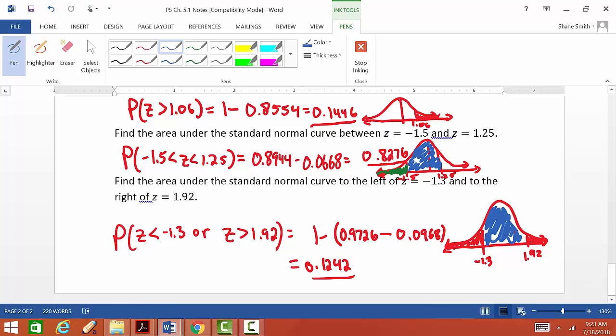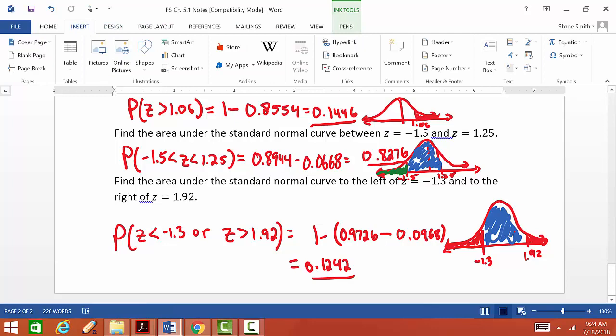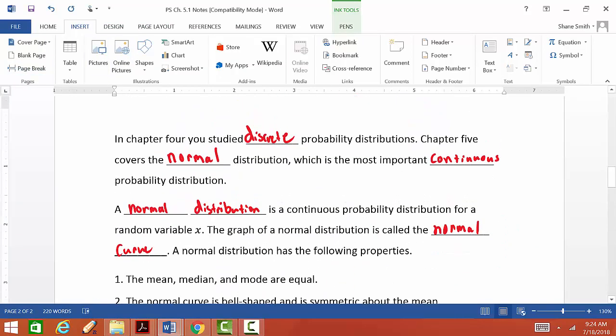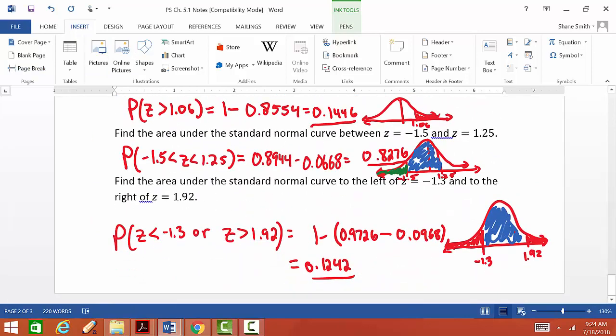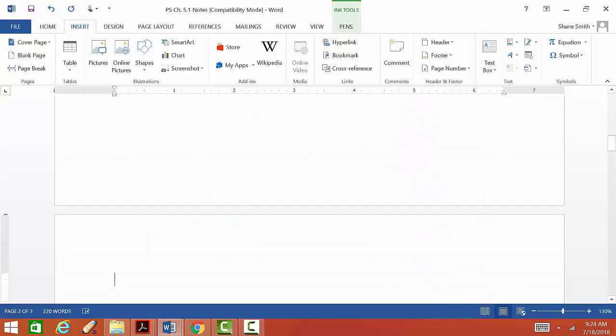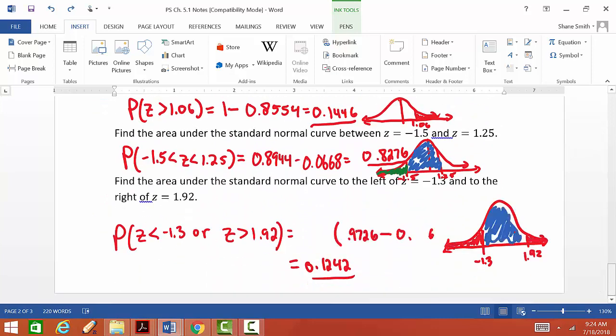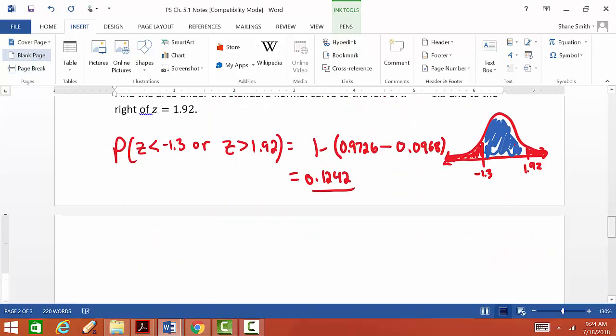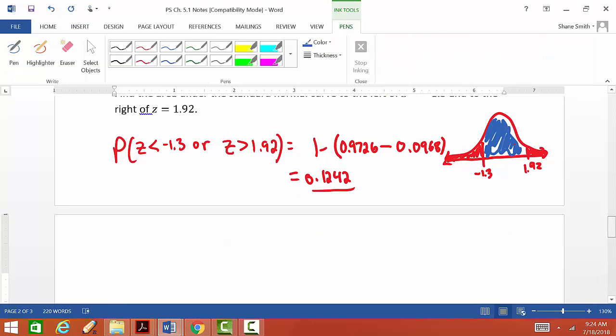Like, let's say I ask you to find an area to the left of, I don't know, 1.255.